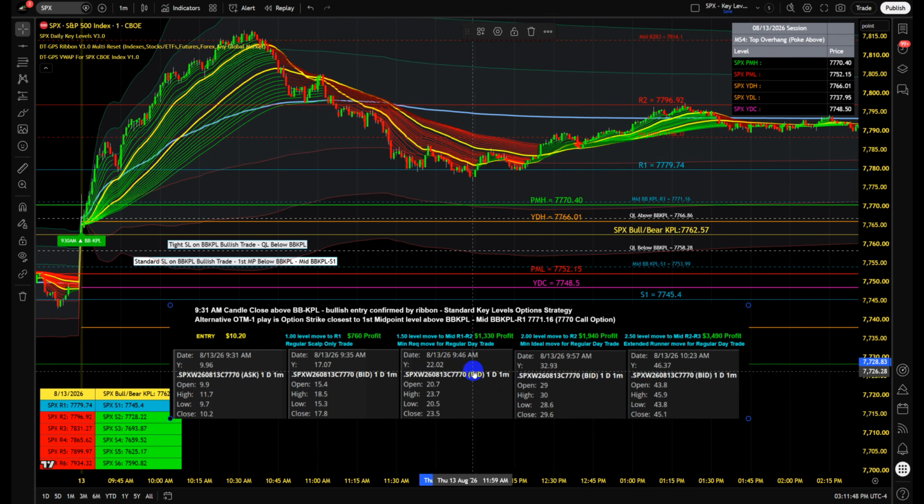Bid $23.50, that's a profit of $1,330 per option. 2-level ideal move, 9:57 a.m. bid $29.60, profit $1,940 per option. On the extended move for runners, mid R2, R3, 10:23 a.m. candle, $45.10 is the bid, profit of $3,490.